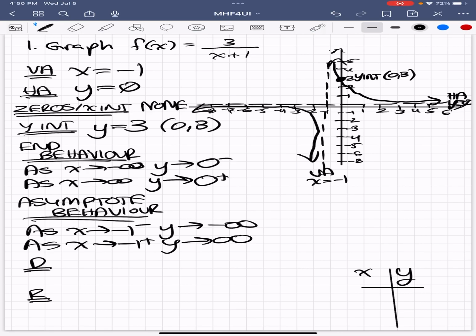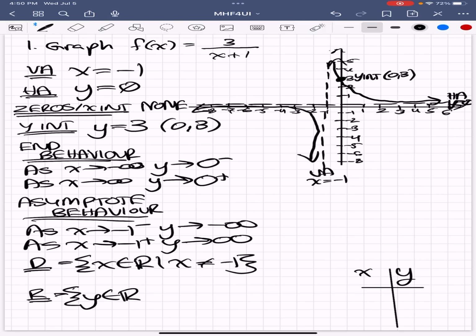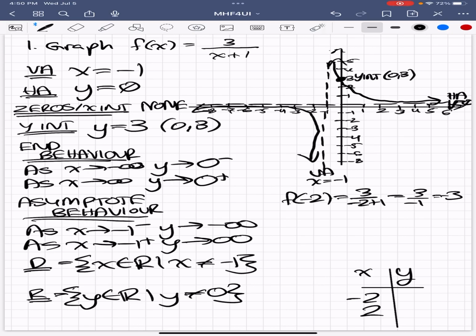And now we're going to do our domain and range. For our extra points, we're going to use -2 and 2. And there are extra points.